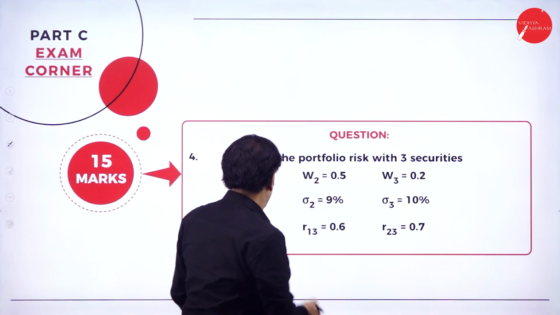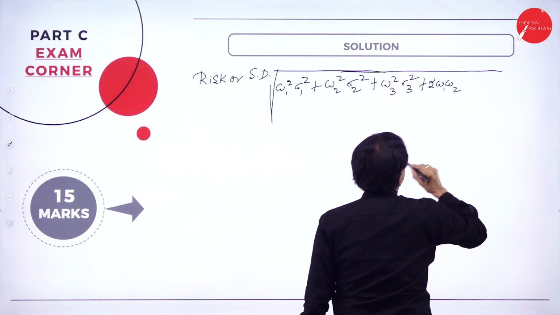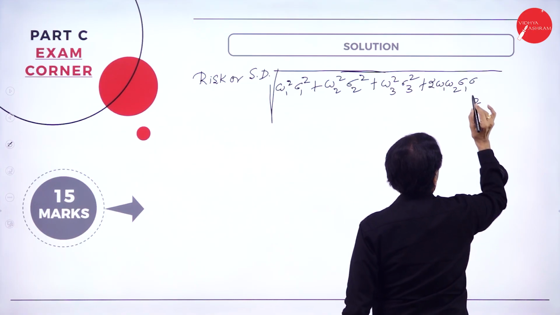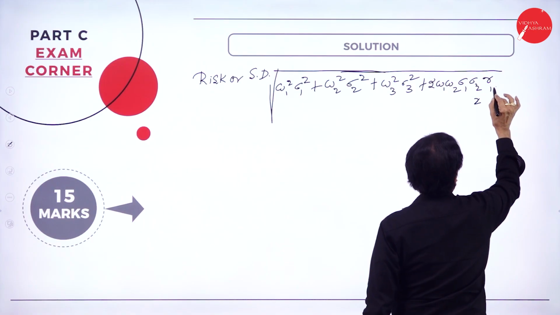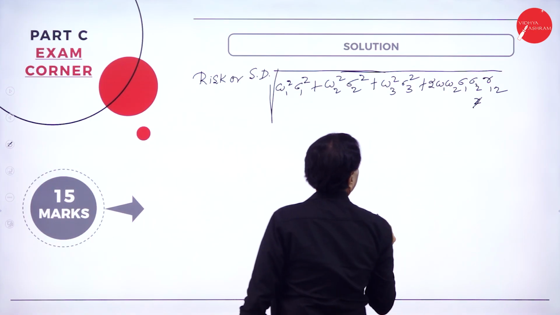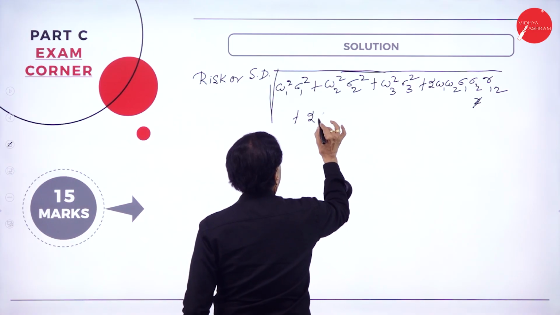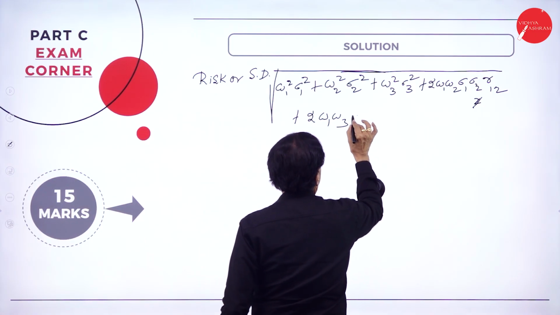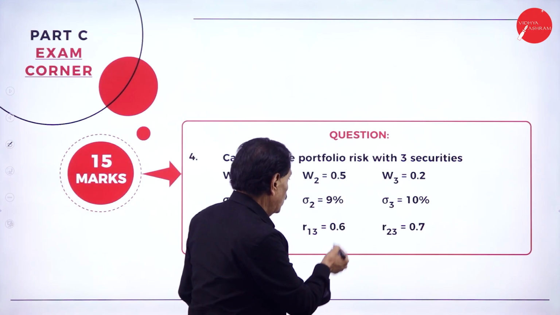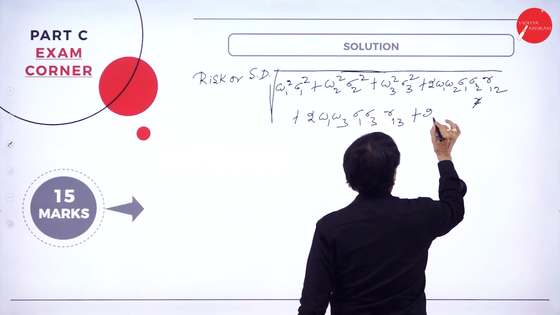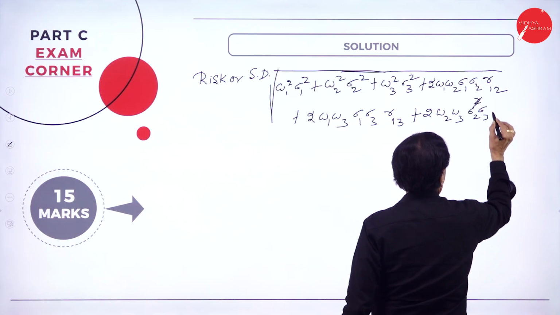Now 1 and 2: plus 2 into W1 W2 standard deviation 1 standard deviation 2 R of 1,2, plus 1 and 3: 2 into W1 W3 standard deviation 1 standard deviation 3 R of 1,3, plus 2 and 3: 2 into W2 W3 standard deviation 2 standard deviation 3 R of 2,3.